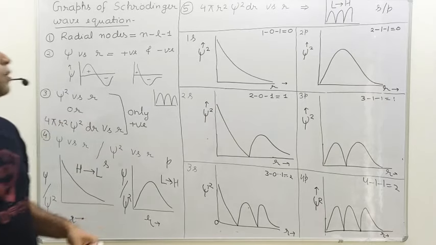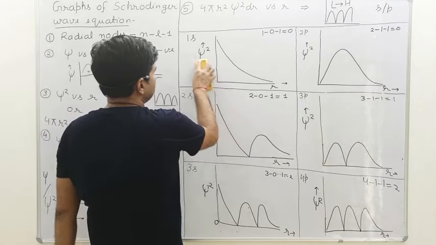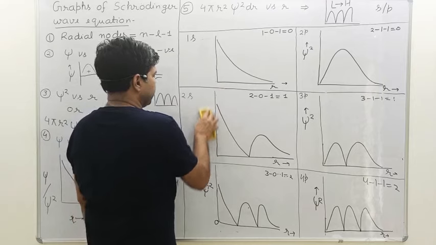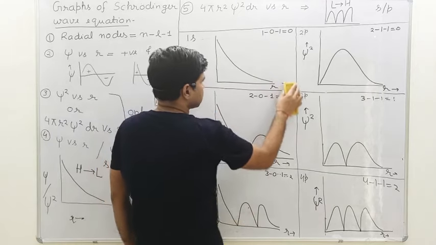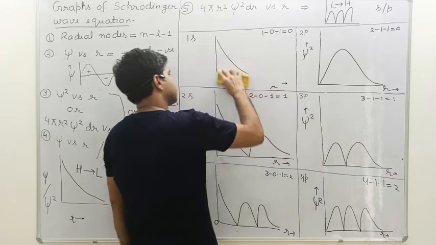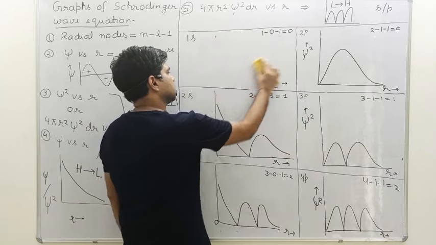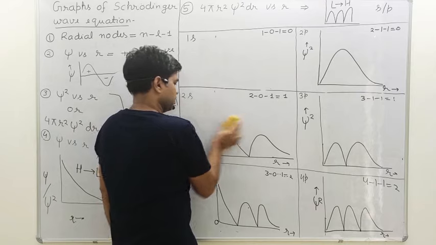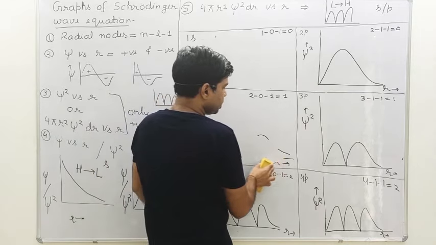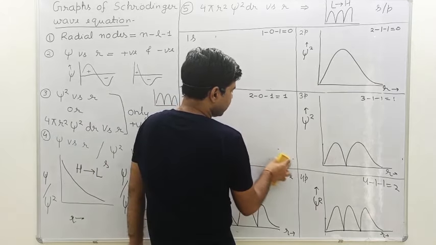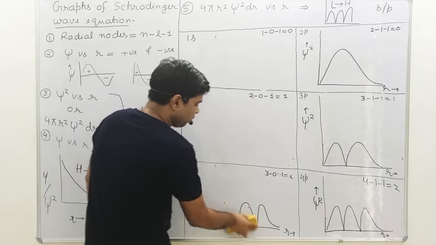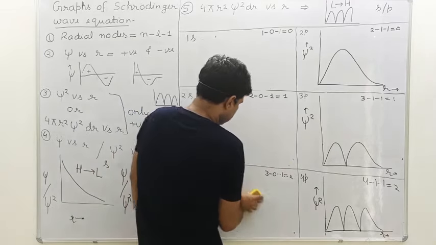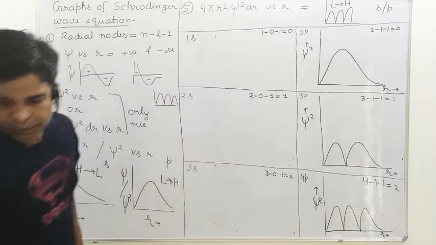Now let's see the last category of graph, which is the graph of 4 pi r square psi square dr versus r. And you see student, these are the graphs where, what I said, either you have s orbital or you have p orbital, these all the graphs should start from the lower to higher.